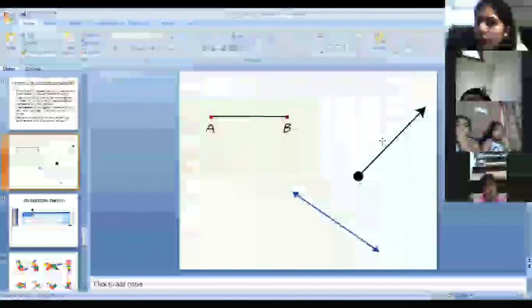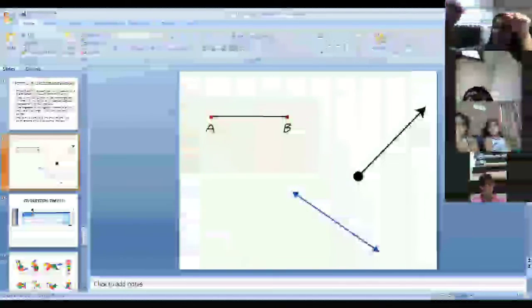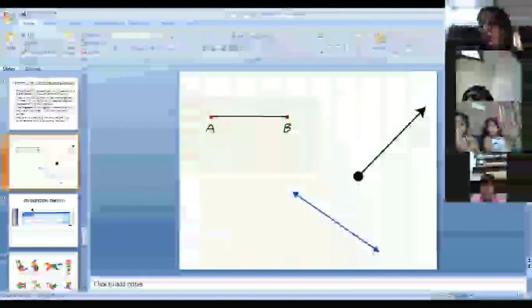Now, what do we mean by ray? Look at this, children. It has got one fixed point. But from this arrow side, it can extend. Means one side is fixed, but from the other side, I can stretch it endlessly. This is known as a ray.